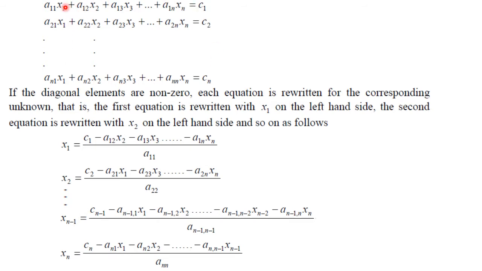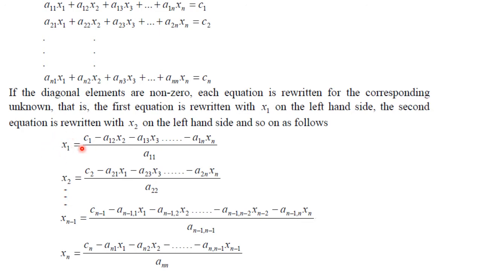This is the same system as I wrote for the Jacobi method, but no problem, you can write your own new system. Now, students, what it says, again the same thing: if the diagonal elements are non-zero, each equation is rewritten for the corresponding unknown. That is, the first equation is rewritten with x1 on the left hand side, the second equation with x2 on the left hand side, and so on as follows.